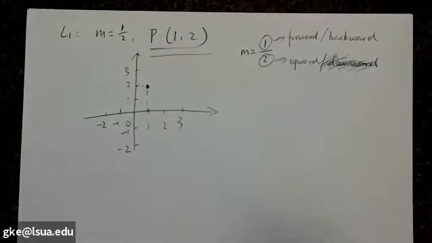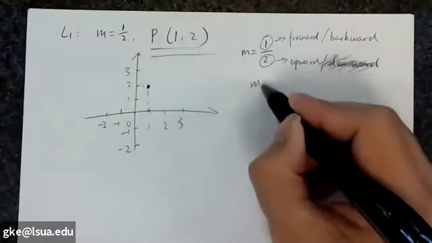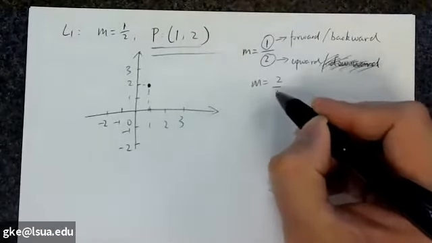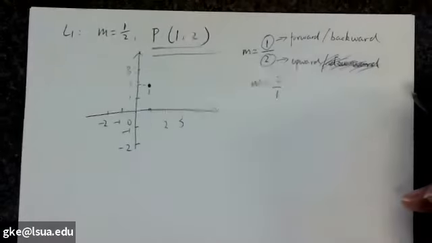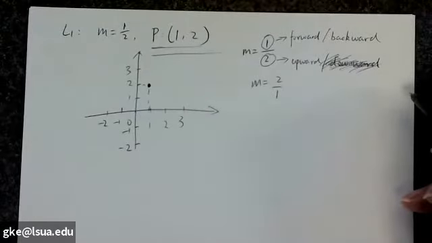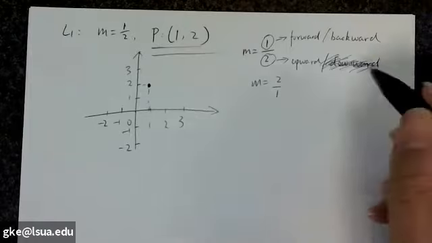Oh, you mean upside down? Like a 2/1? No, like the rise over the run. One goes forward and back. You go to the right or to the left, positive or negative.